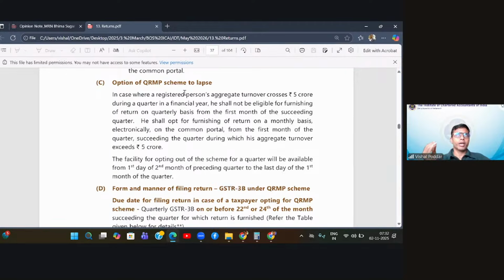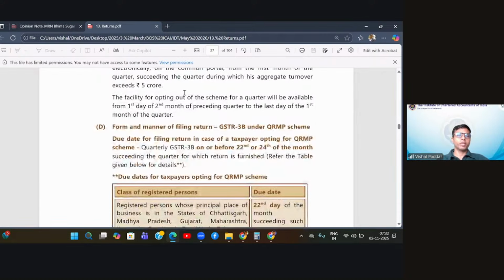Firstly, I am eligible for QRMP in this financial year if in the preceding financial year my turnover was below 5 crores. So I was eligible in this quarter. But let us say after the first two quarters, my turnover has crossed 5 crores in the current year. In this particular case, in the third quarter, I will not be eligible for QRMP because anyways I become a monthly return filer.